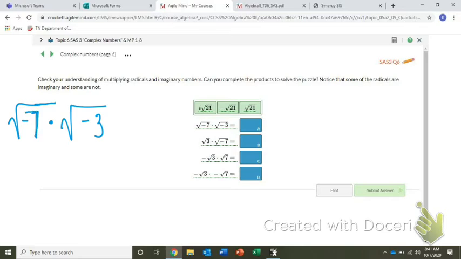Can you take the square root of positive 7 and get a whole number? Nope. Can you take the square root of 3 and get a whole number? No. So what am I going to do to both of these? This one's going to be i square root 7. And what's the square root of negative 3 going to be? Good, Rain. i square root 3.